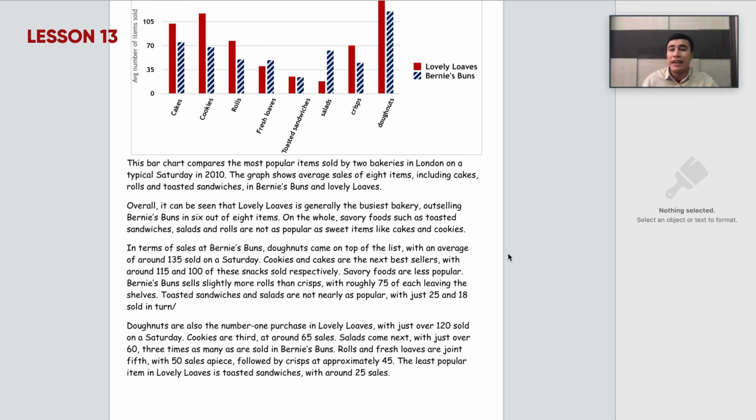So, okay, again, this language is actually used to show that donuts are on the top of the list.